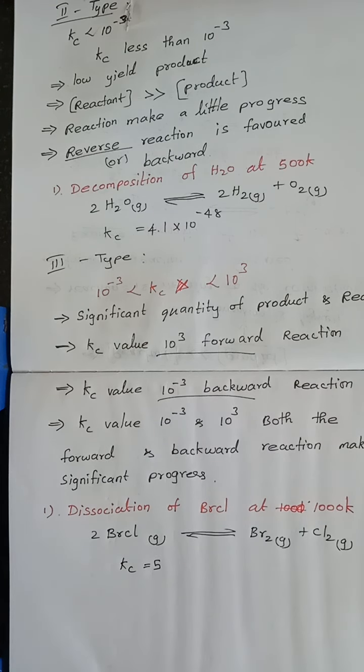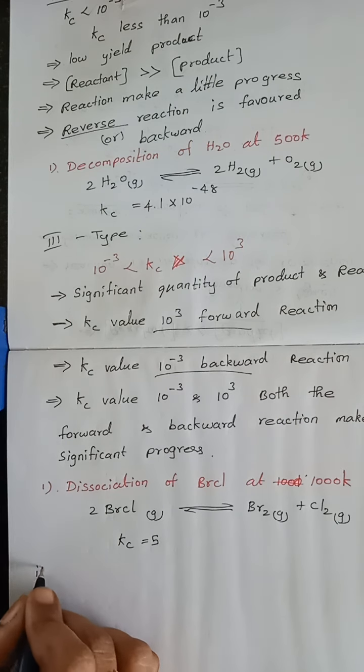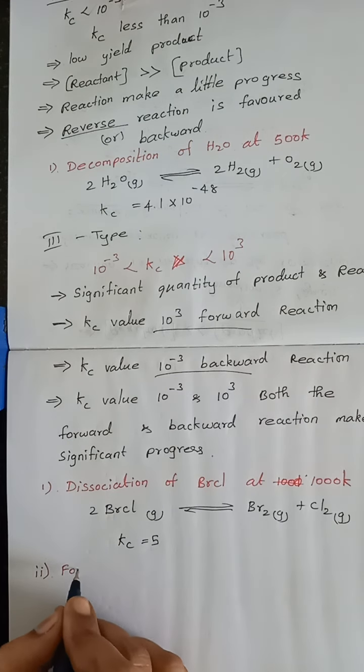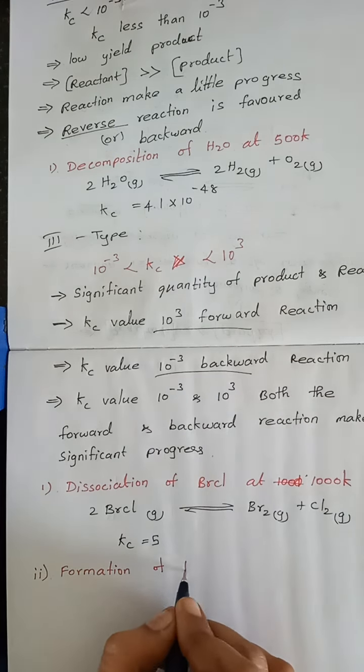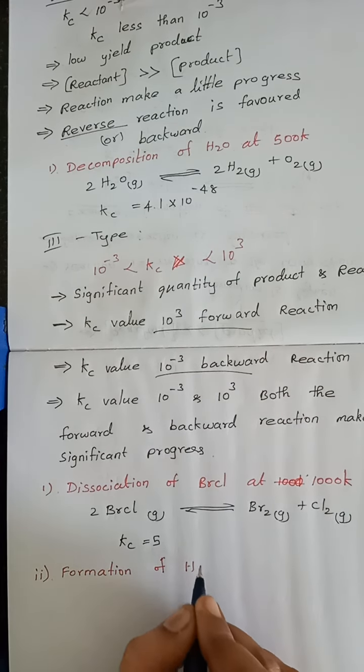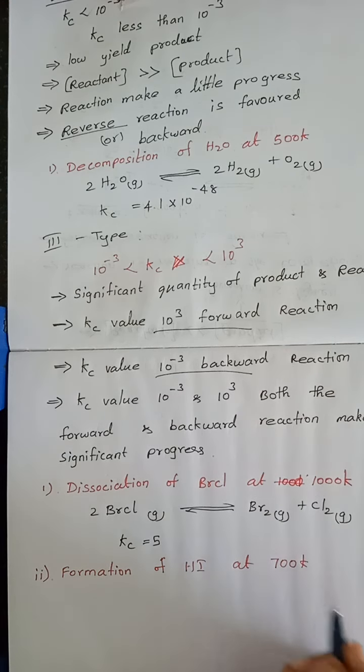Then the next reaction, the formation of hydrogen iodide at the temperature 700 Kelvin.